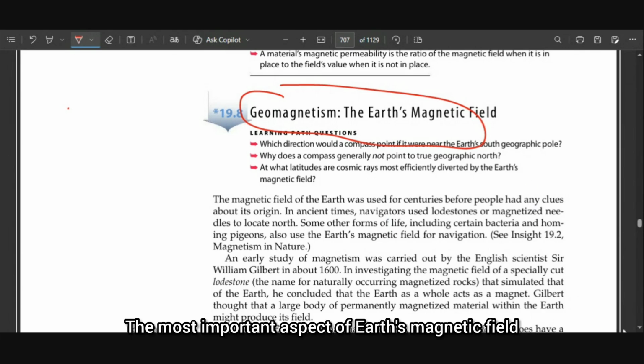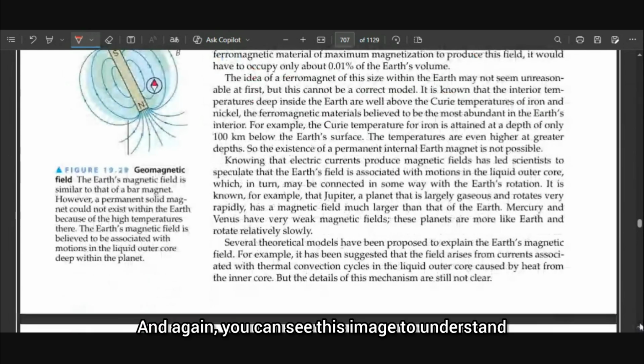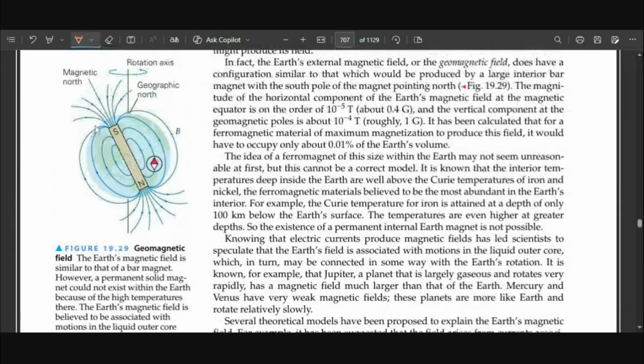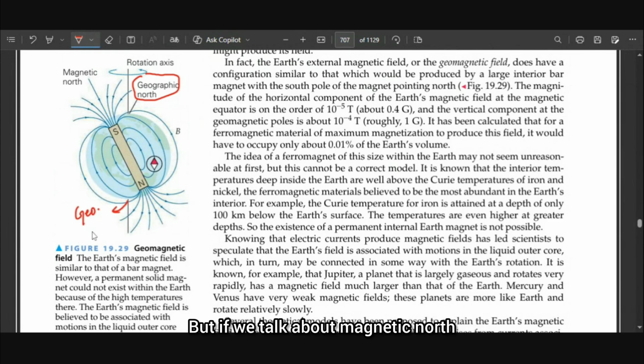The most important aspect of Earth's magnetic field. And again, you can see this image to understand how field lines actually originate. As per our understanding, this is called geographical north, and this is supposed to be called geographical south. But if we talk about magnetic north and magnetic south, they are different.